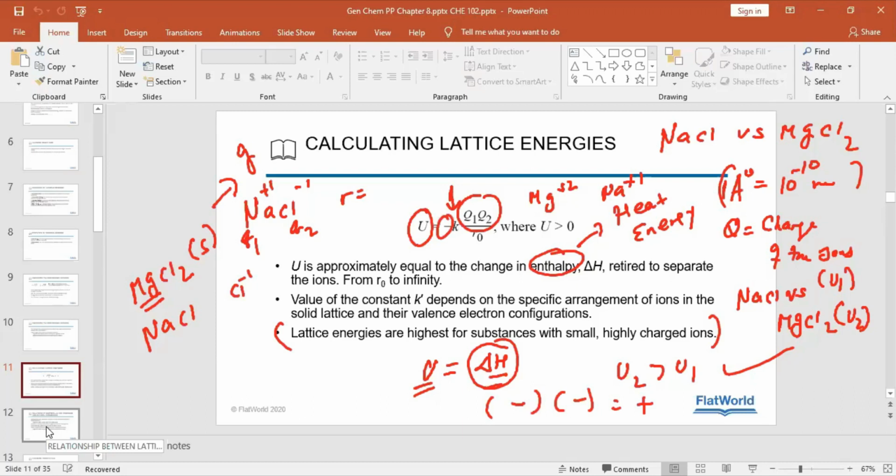Otherwise, you would have a negative value. Energy cannot be negative unless it's exothermic. So to adjust that value, you put a negative sign in front of K to compensate for the negative value of the negatively charged ions, like chlorine, for instance. Does that make sense?